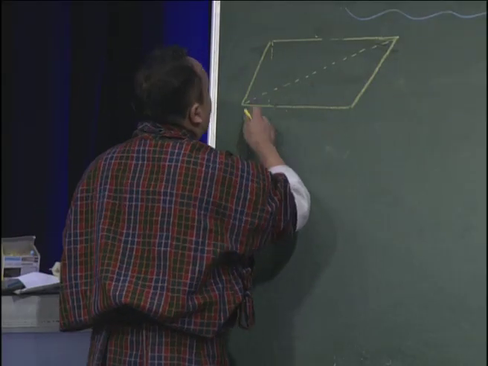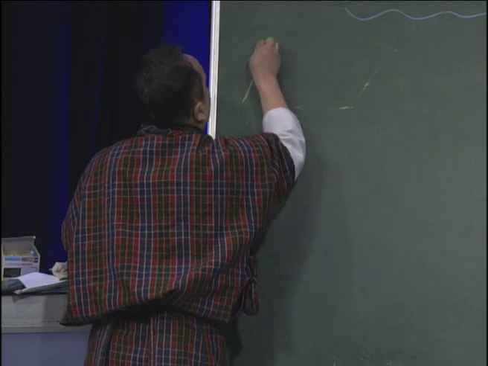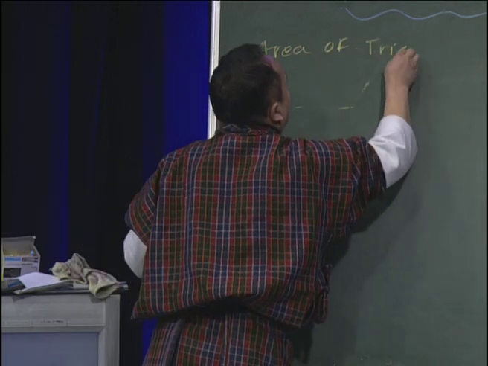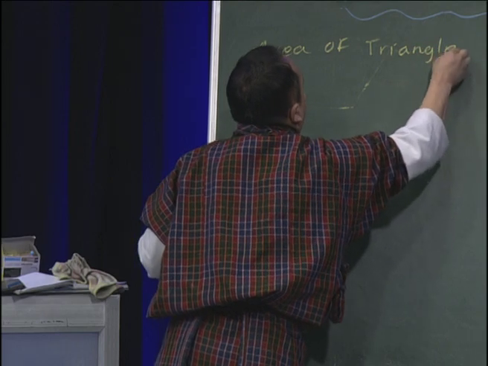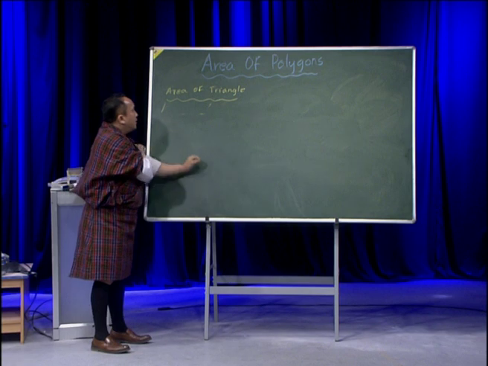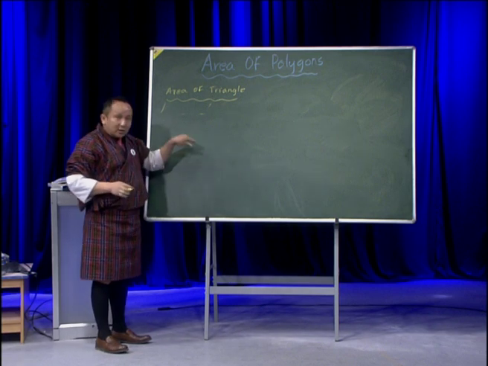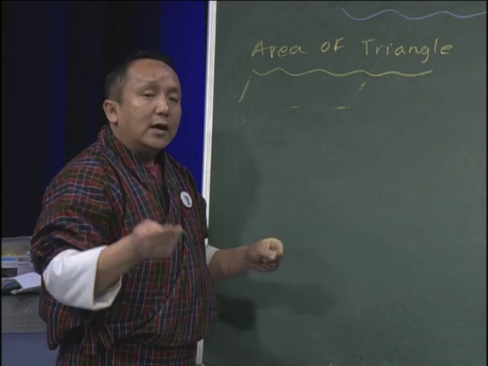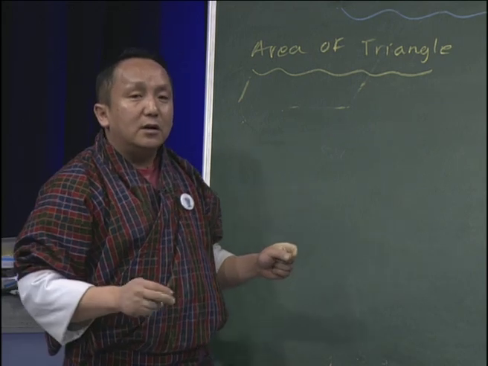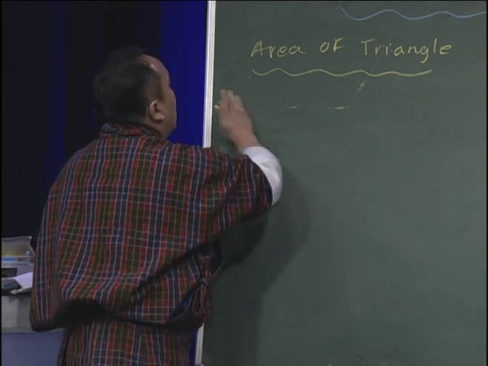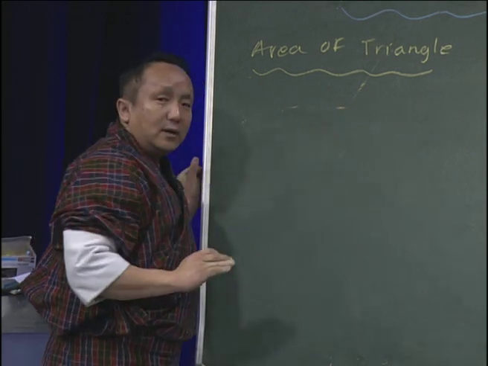So to find the area of a triangle, we know that when you draw a diagonal line or join the opposite vertices, that diagonal line divides the parallelogram into two equal triangles, and the area of a triangle will definitely be half of the area of parallelogram. So from the area of parallelogram, let us derive the area of triangle.